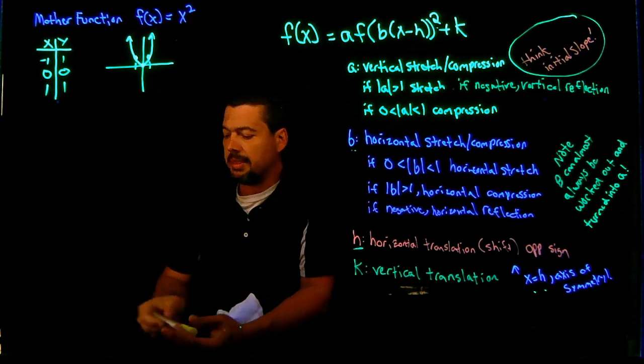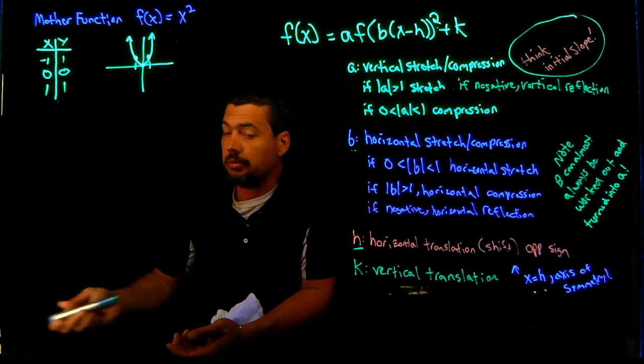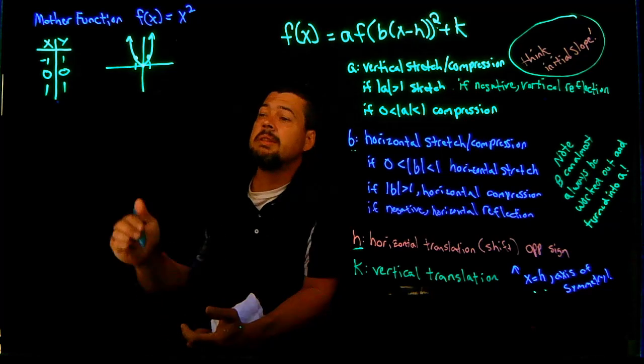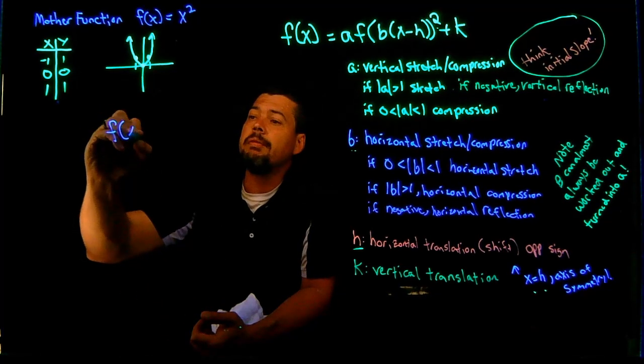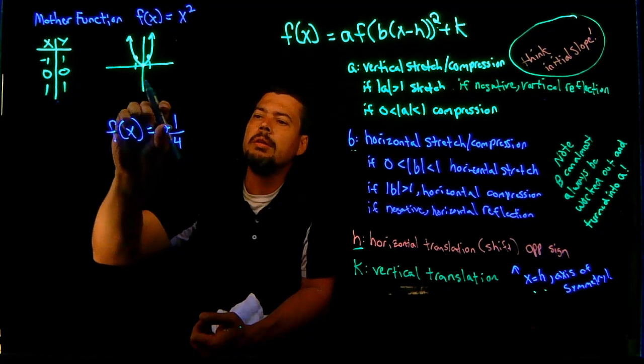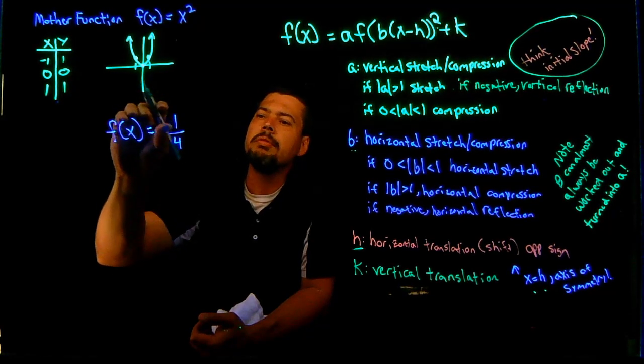So let's make up something that looks like it might be an intimidating little function, but is not. Let's put fractions in it. So f of x equals, I don't know, let's do positive 1/4. Last one was negative. We already talked about the reflection.